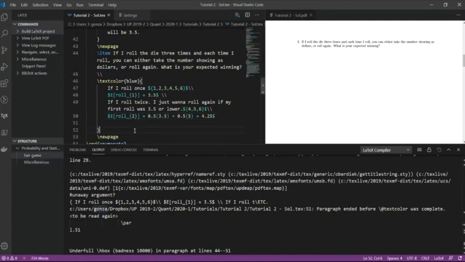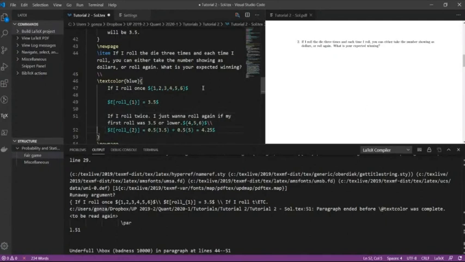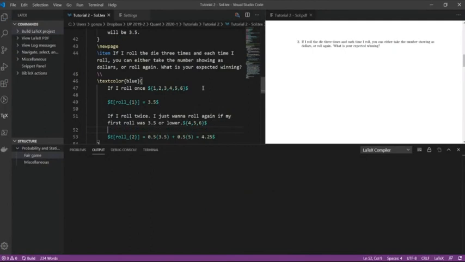Yeah, I'm missing something. I believe it has to do with this. Yeah, sorry to be error solving.